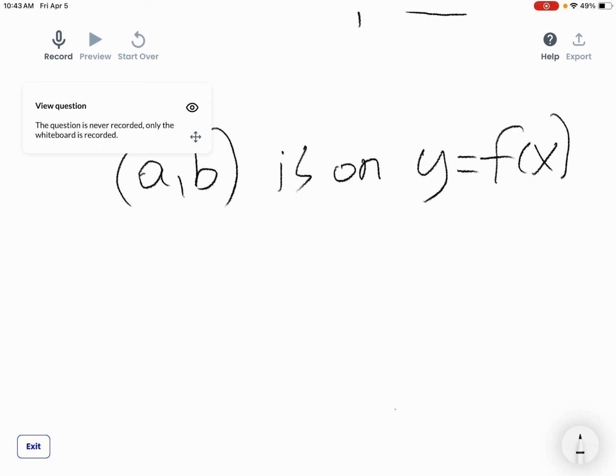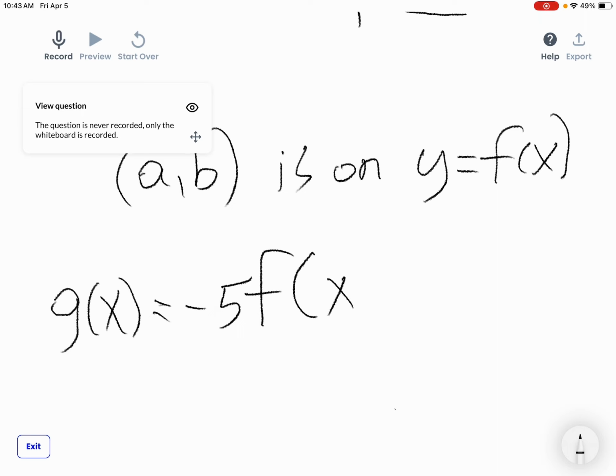Again, this is some random function, f of x. I don't know what f of x is, but we're told that g of x is going to be equal to -5 times f of x plus 6 plus 7. And we're asked, where does AB go on the graph of g of x?